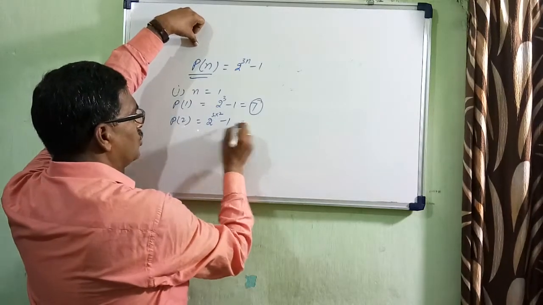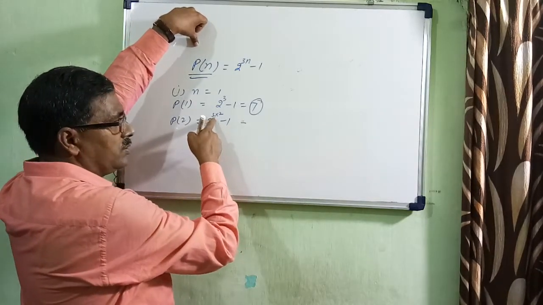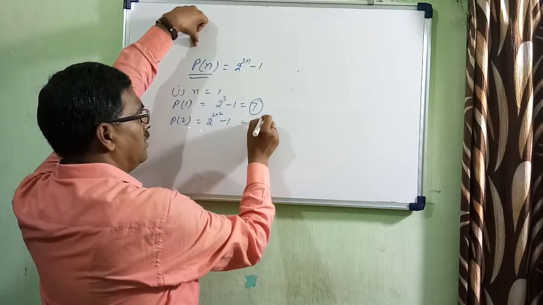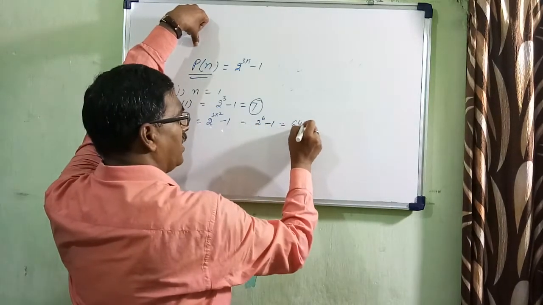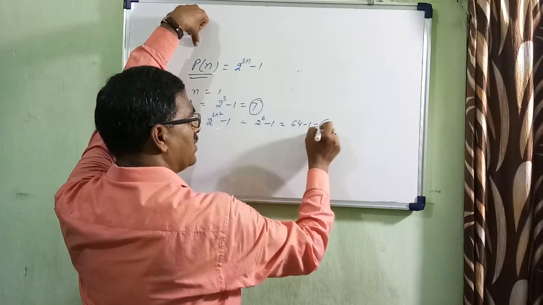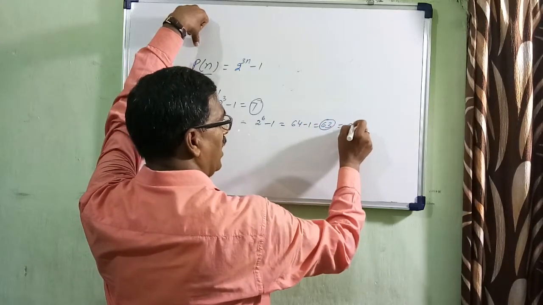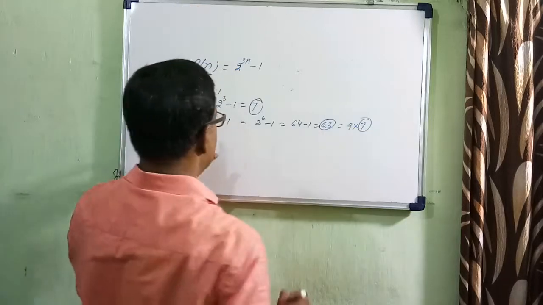It is equal to 2^6 - 1. 2^6 is 64, minus 1 is 63, which is 9 into 7, divisible by 7.